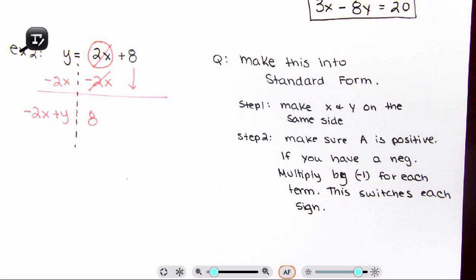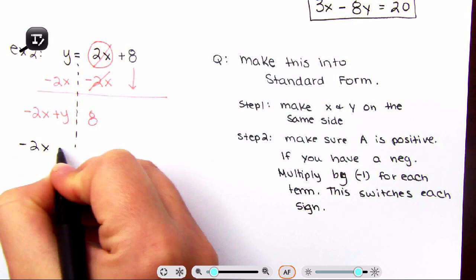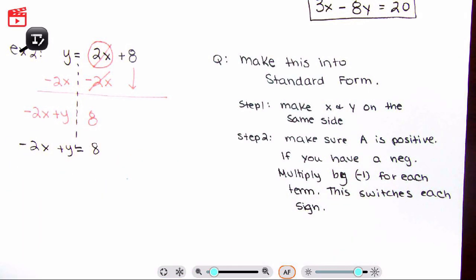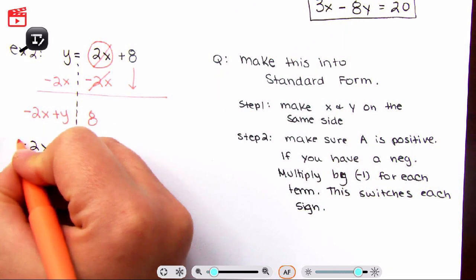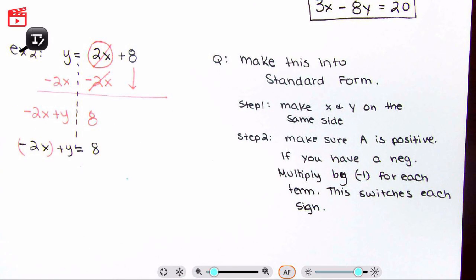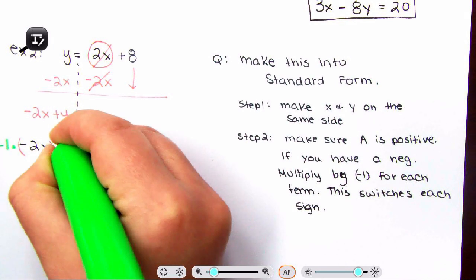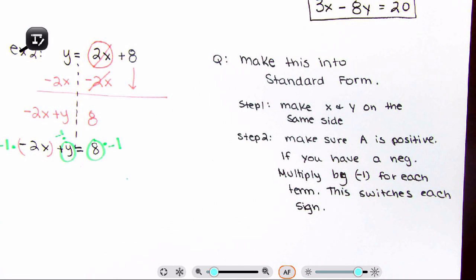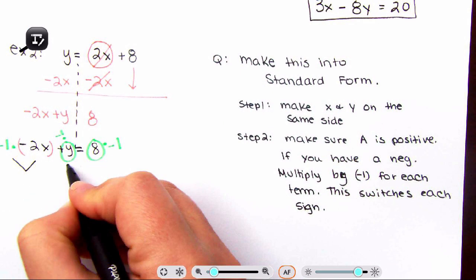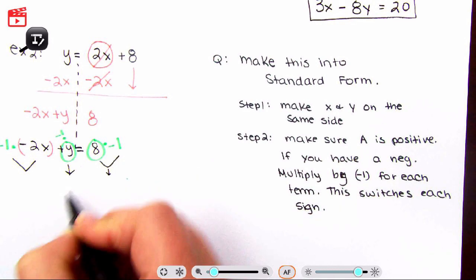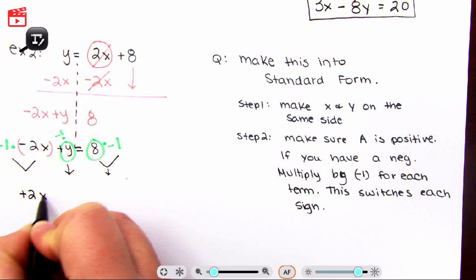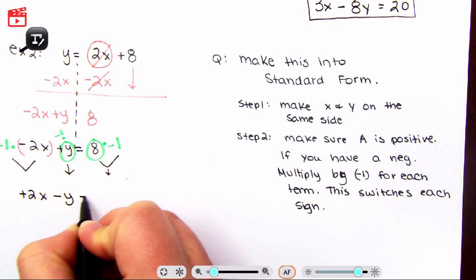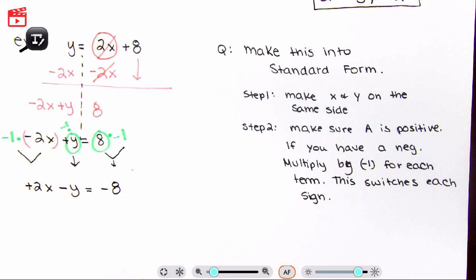So for example, if I have my negative 2x plus y equals 8, I'm going to multiply each one by negative 1. And I'm multiplying, I'm not subtracting, I'm multiplying. So what this does is it changes the sign for every single number. So this now becomes positive 2x, this becomes minus y, and this now becomes minus 8. It switches, it flips the sign.